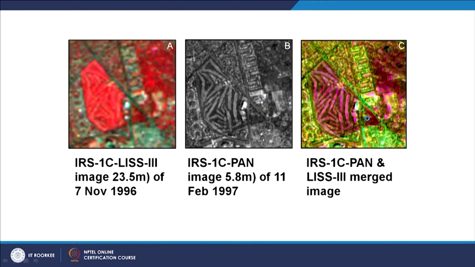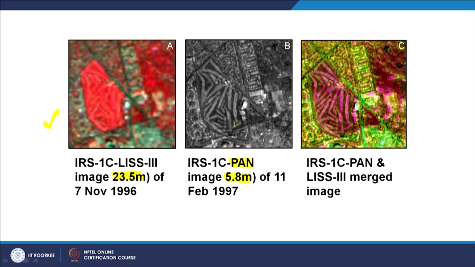So let me bring a more zoomed part of this image, which is the Delhi golf course. As you can see in the FCC image, which has 23.5 meter resolution, the individual holes of the golf course cannot be seen very easily. Whereas if you see the pan image, though it is a black and white image, it has high spatial resolution, that is 5.8 meter, and therefore the different holes of this golf course are very much visible.